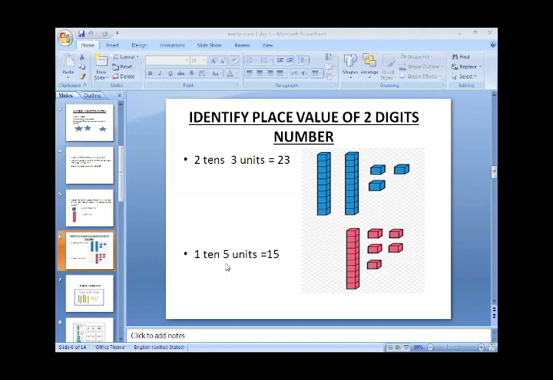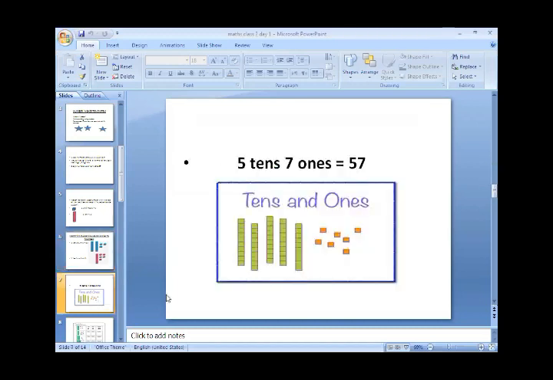So 1 ten and 5 units make number 15. So these blocks show number 15. If you have any question, you can ask me at the end of the lecture.